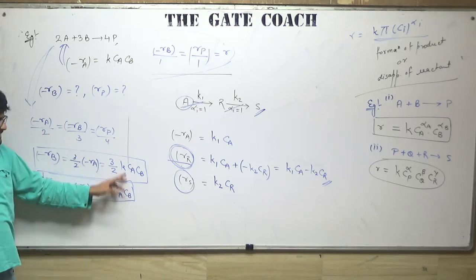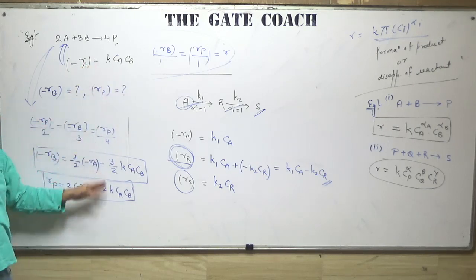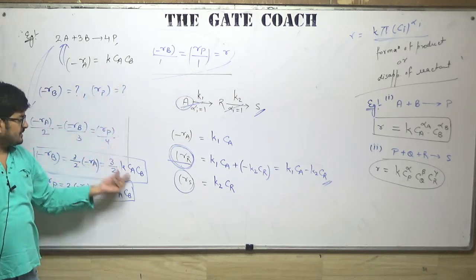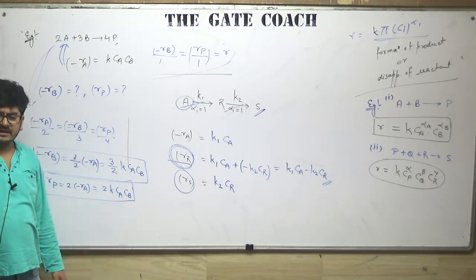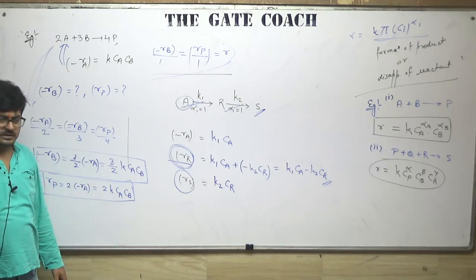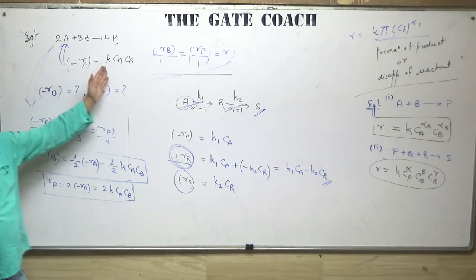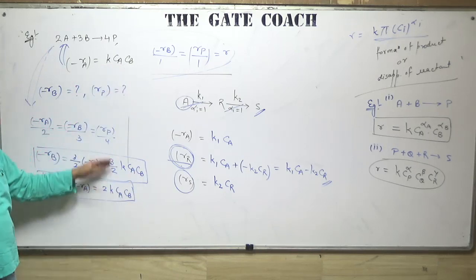That is K Ca Cb, K Ca Cb, K Ca Cb. Constants are different, obviously we have reason for that. But the nature of the equation is same. So ultimately we have one rate equation only for this chemical reaction, that is K Ca Cb. But the constants are different obviously.